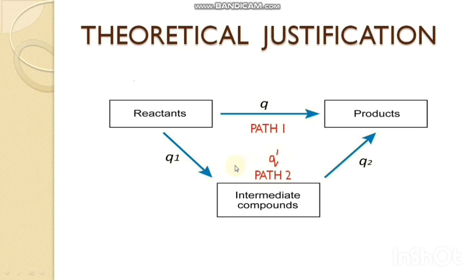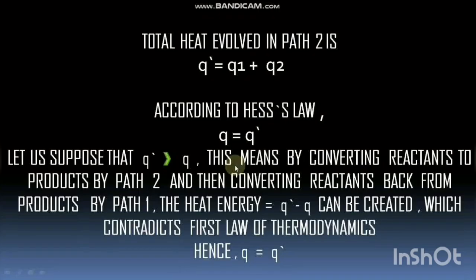Let us further suppose that Q dash is greater than Q. This means that when reactants change to products by path 2 and the products are converted back to reactants by path 1, Q dash minus Q amount of energy will be evolved or created.